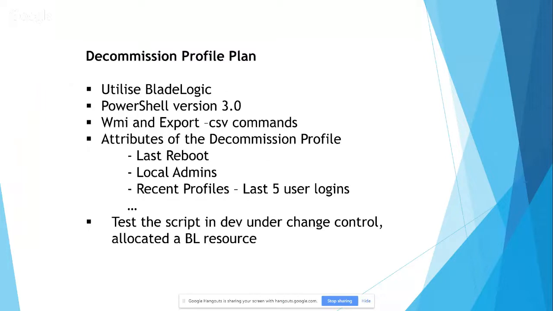Then the decom profile included last reboot, which is a good indication of server management for Windows, and also 5 user logins. The script was tested under dev and change control, and I was allocated a Blade Logic resource.